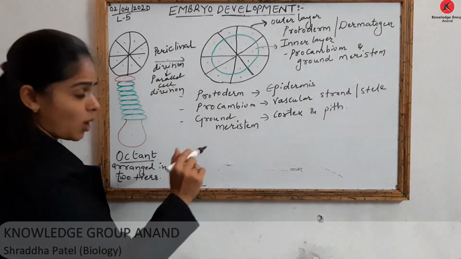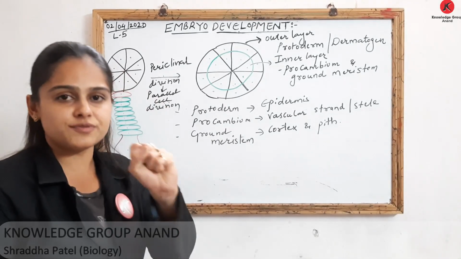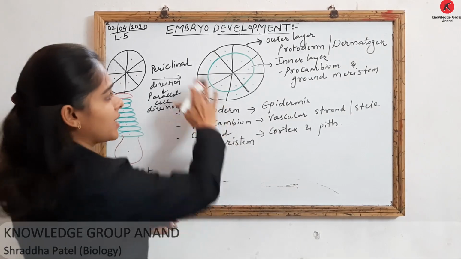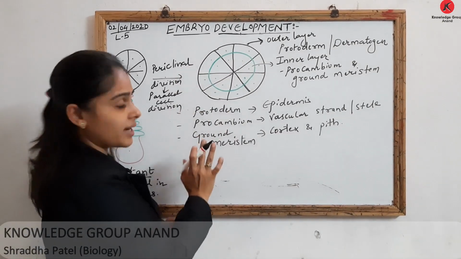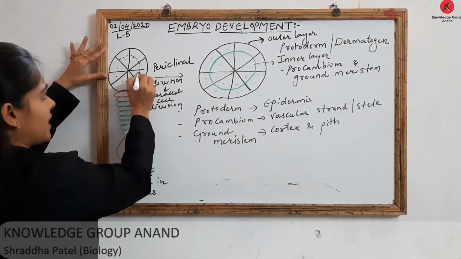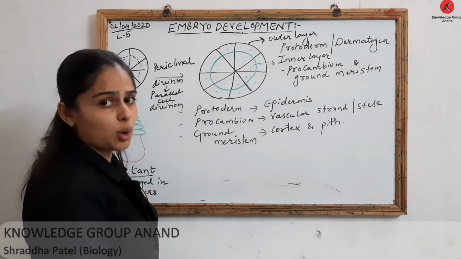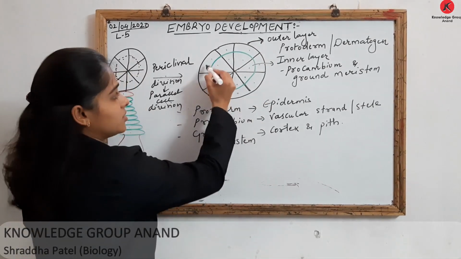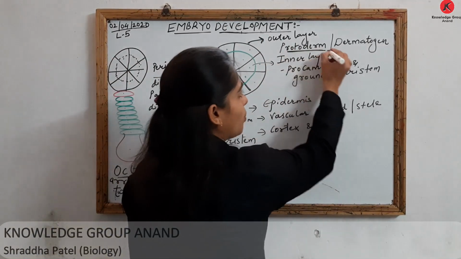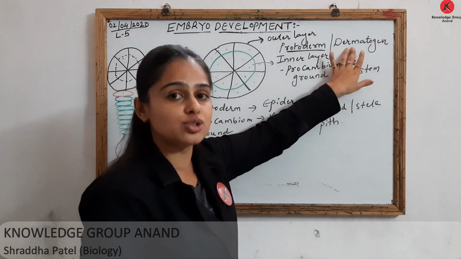Okay, once again, 16 cell structure, again mass of cell. As such you cannot represent, but for ease of our understanding I am representing over here parallel, right? मतलब parallel मतलब it will be like this. तो ऐसे periclinal division होगा which results in formation of total 16 cell. You can see over here. This forms your outer layer जिसको आप कहते हो protoderm, or it is also called your dermatogen.